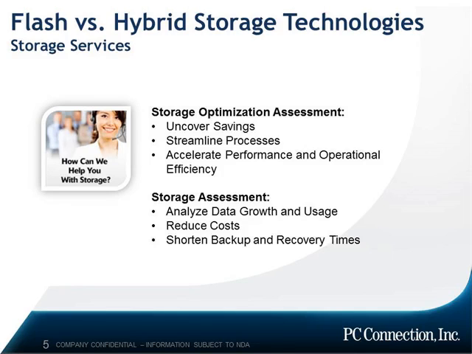Here we look to uncover savings and streamline processes in the current storage environment. We're here to help you make sense of all of it, including backup. The second is the storage assessment. It's designed to look at the data growth and usage in the customer's environment and help them understand where it is trending, so they can build a new solution or build out their current infrastructure to meet future needs.